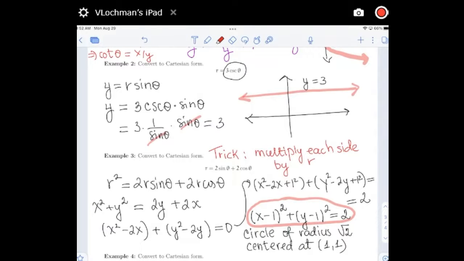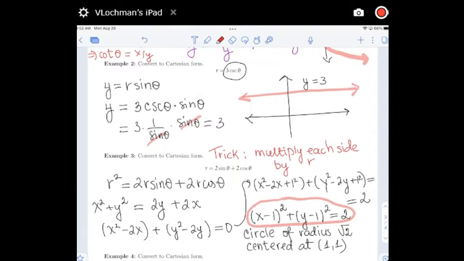This is a good problem. I like to put a problem like this on a quiz or an exam, because it really tests a lot of your understanding: how to manipulate these terms to get back to the Cartesian form that we're used to, and also recognizing what that object looks like.